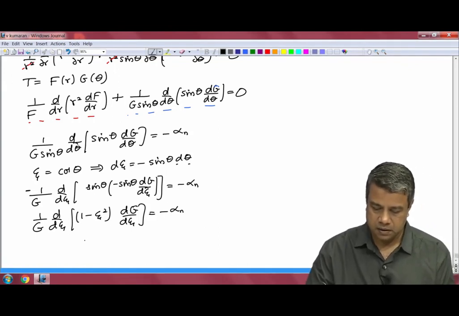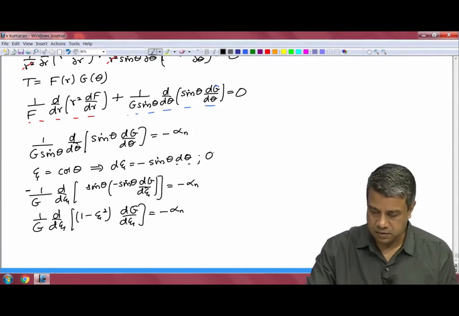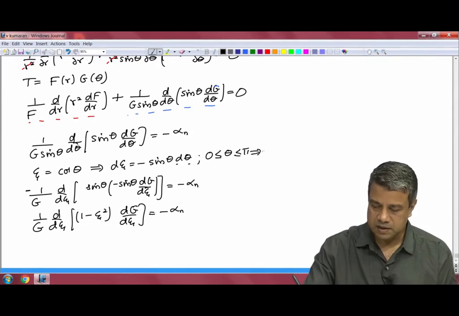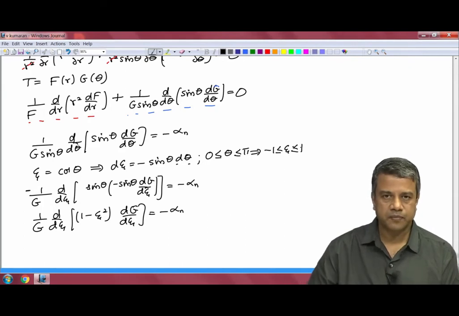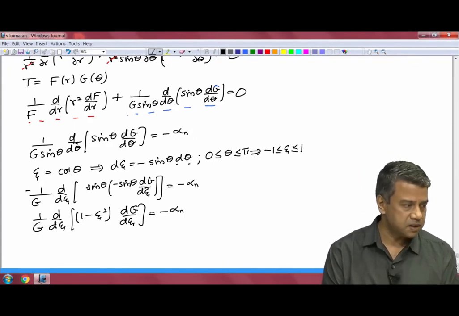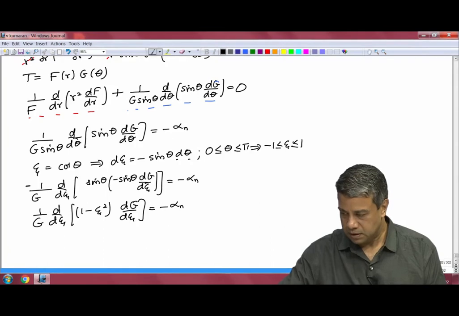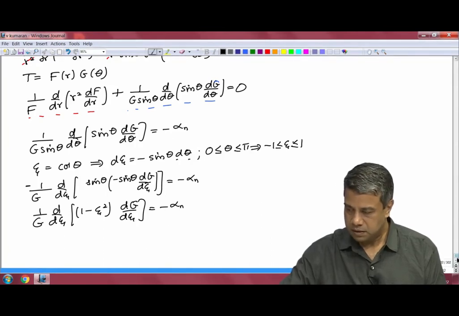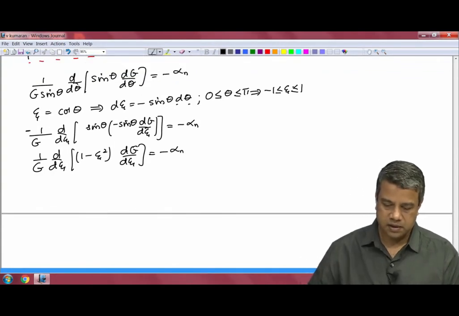The domain 0 less than or equal to theta less than or equal to pi implies that minus 1 less than or equal to psi less than or equal to 1. So, psi is equal to minus 1 when theta is equal to pi, and psi is equal to plus 1 when theta is equal to 0. That is the equation in terms of psi.